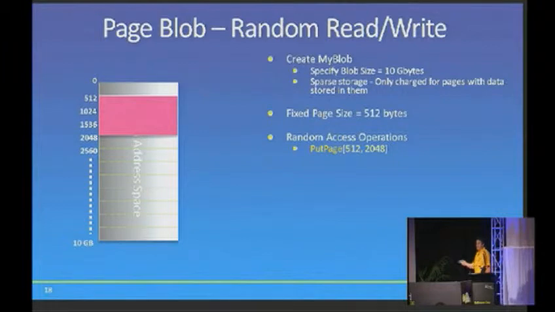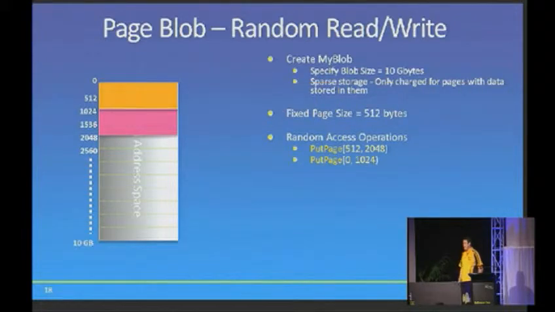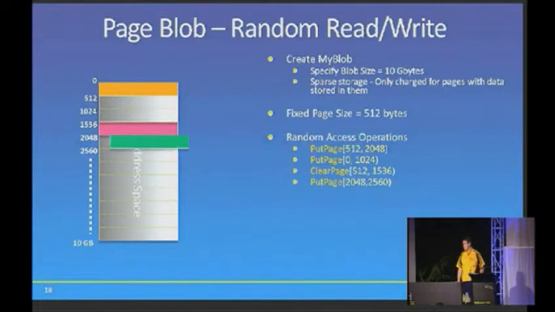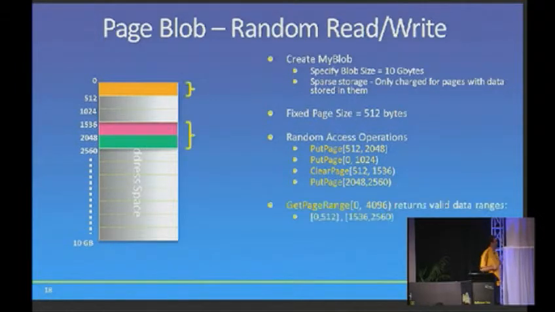We can have complete random access to that, so we can write data at any range within our page blob. We can delete data at any range within our page blob. So we work with this as a range that we can push data into and read data out of. If we do a get range, getting all the data within that range, it's going to return us two valid data ranges.